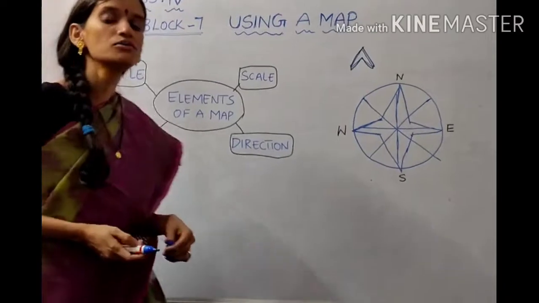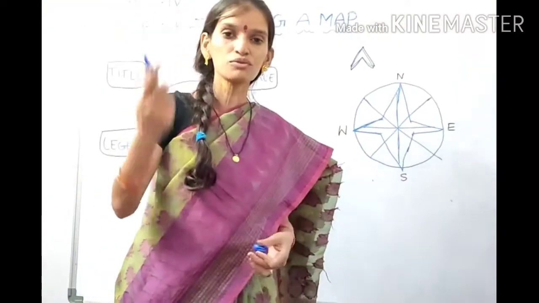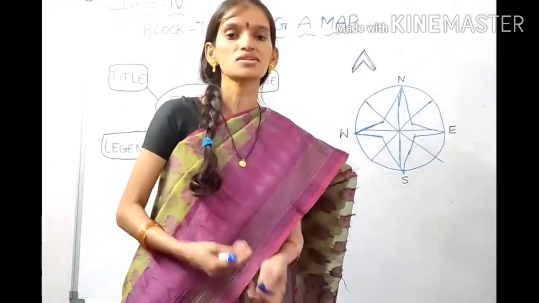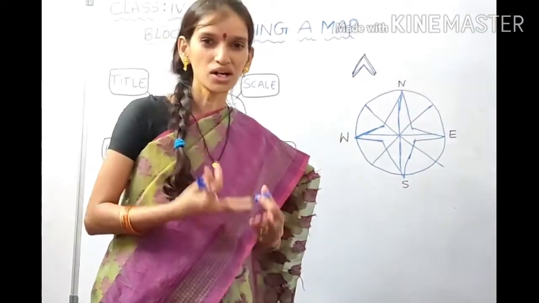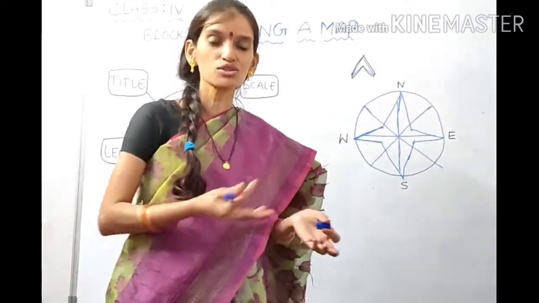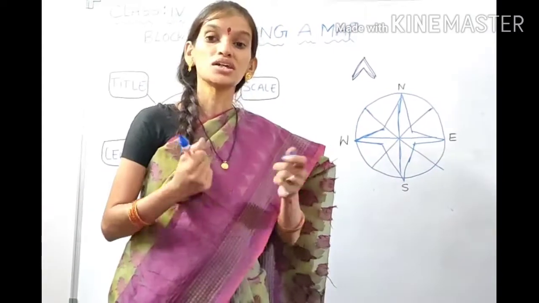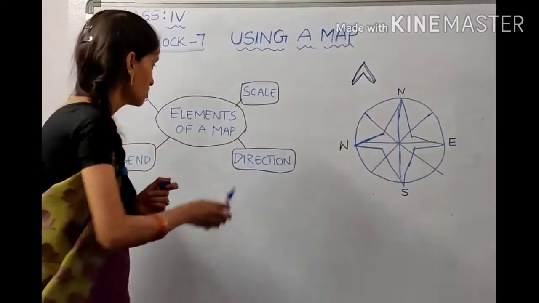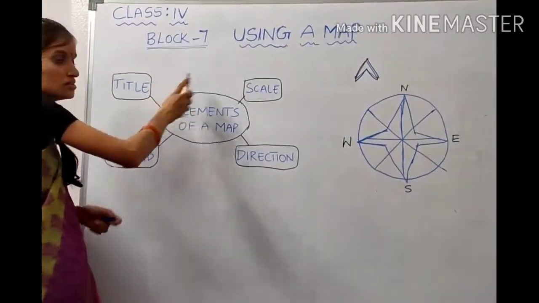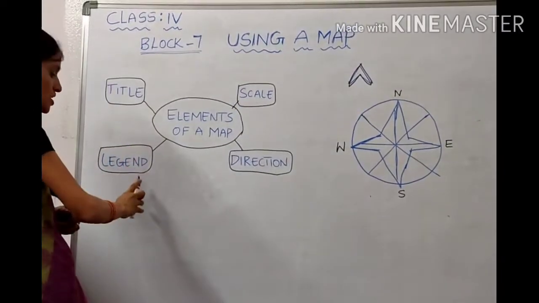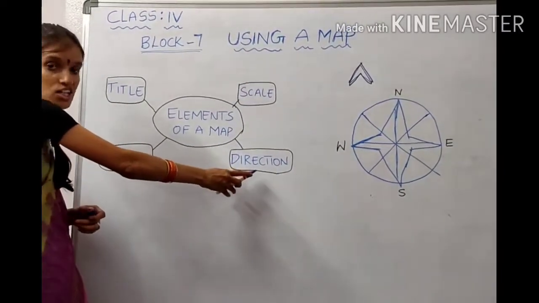I think you have done the work. You have written that the map has states and capitals and some colors and designs. But it has a title, scale, legend and direction.